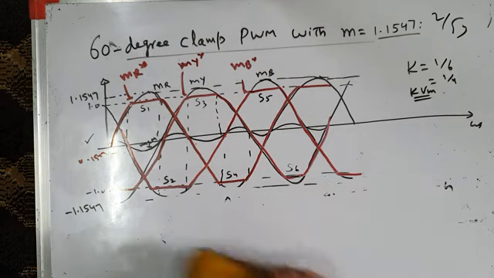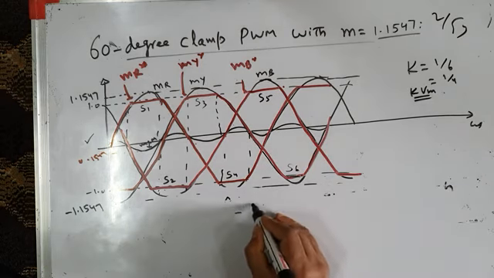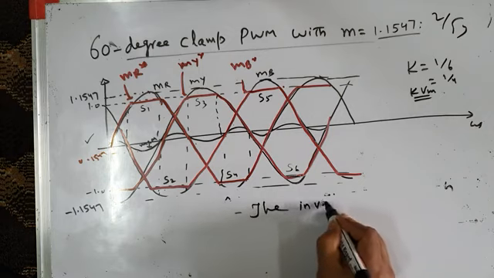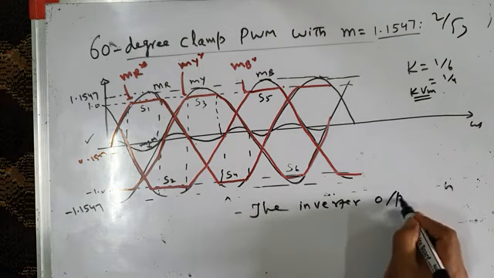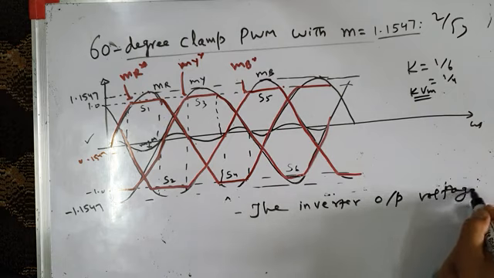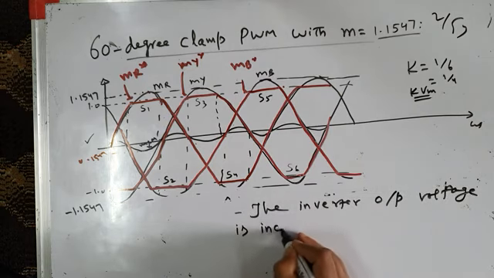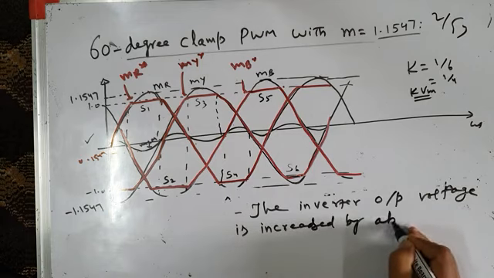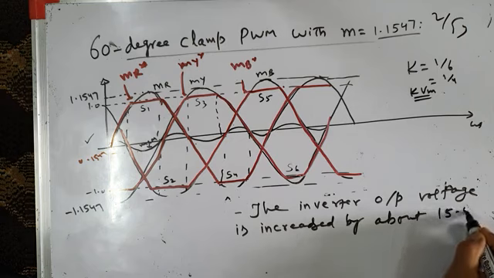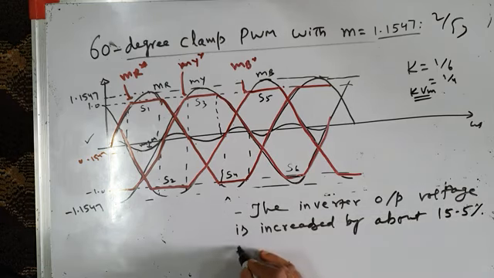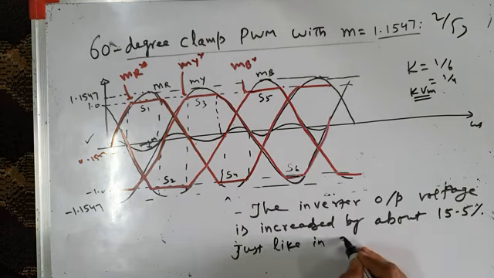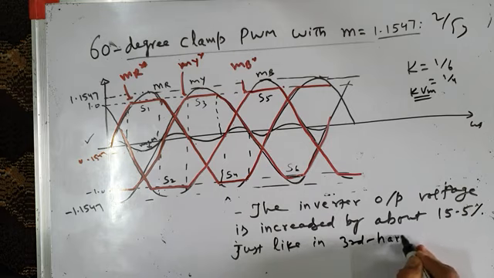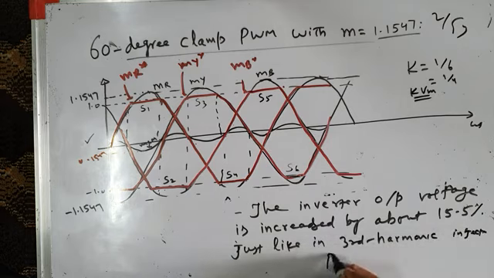This is one advantage. Another advantage is that the inverter output voltage is increased by about 15.5%, just like in third harmonic injection PWM.